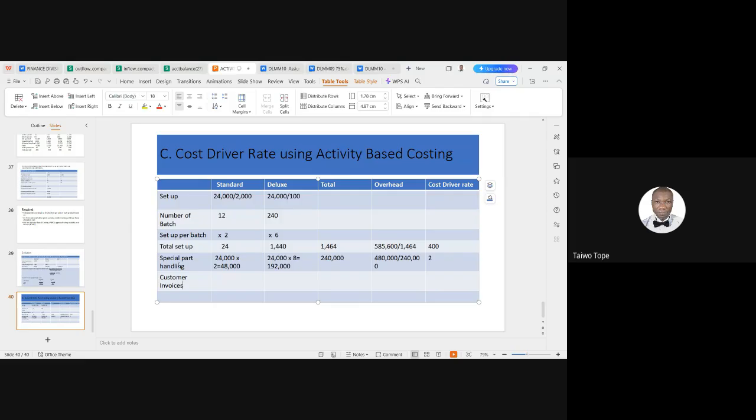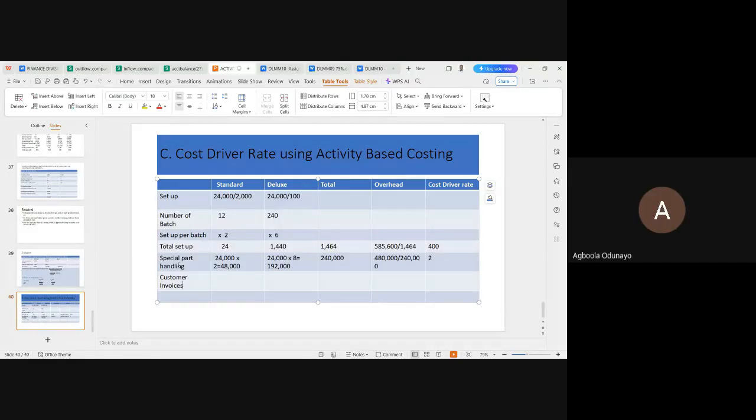Number of sales invoices issued per year. It means the overall invoices issued for the whole year for standard is 100, for deluxe is 480. So what is the total invoices issued for the whole year? 580.